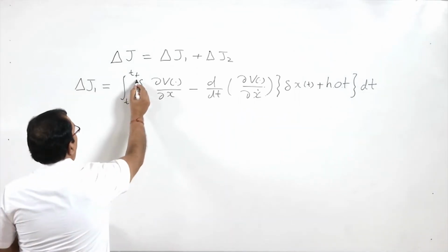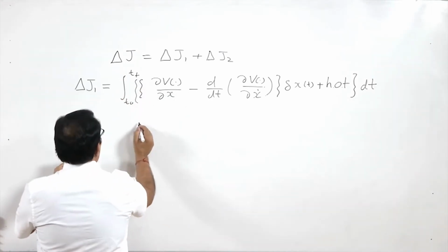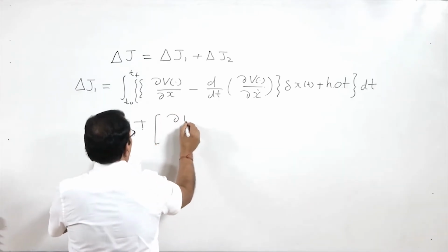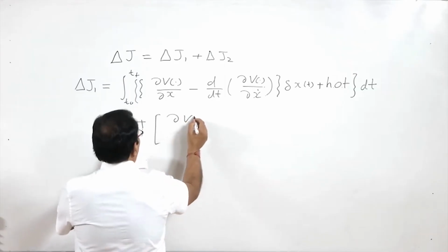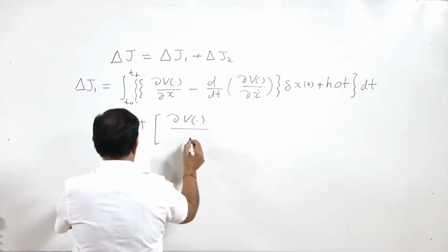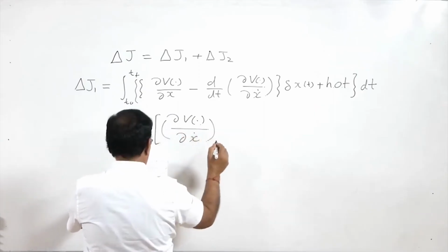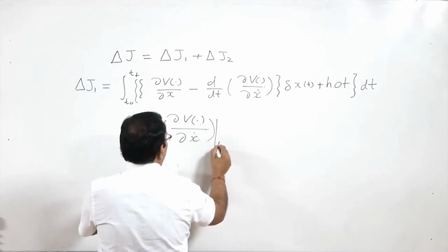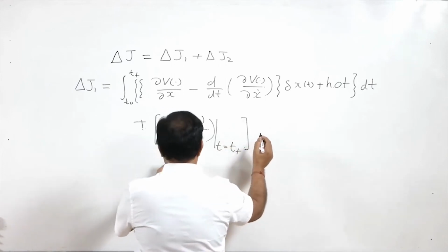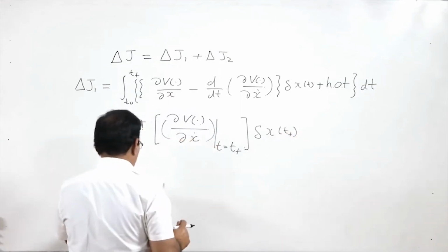And plus del v dot by del x dot evaluated at t equal to Tf into delta x of Tf.